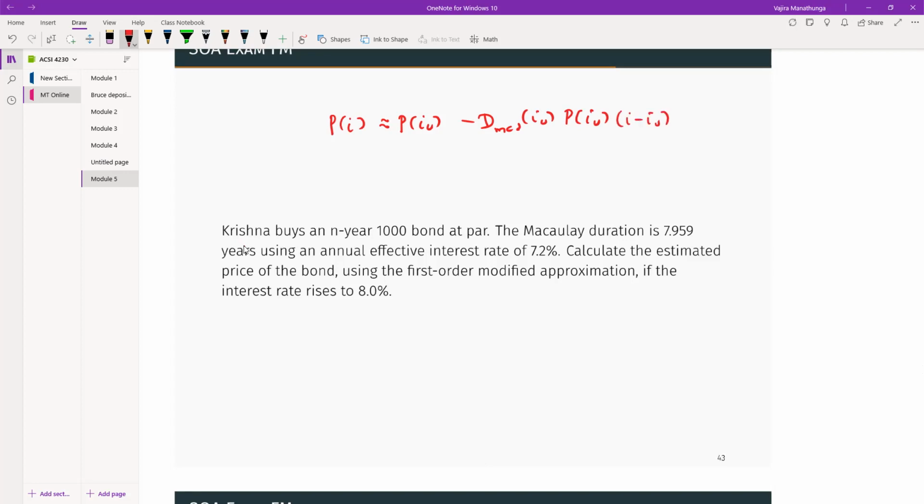Now, what are the things given? Krishna buys an NEA 1000 bond at par, so basically this means C equals 1000. We are purchasing the bond at par, so the price is going to be 1000.